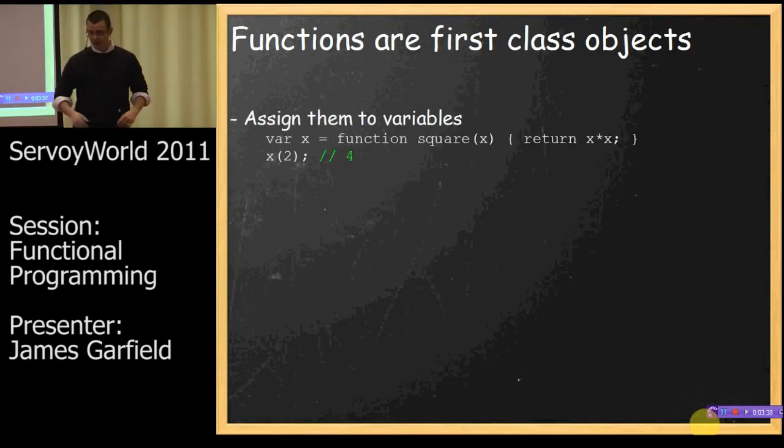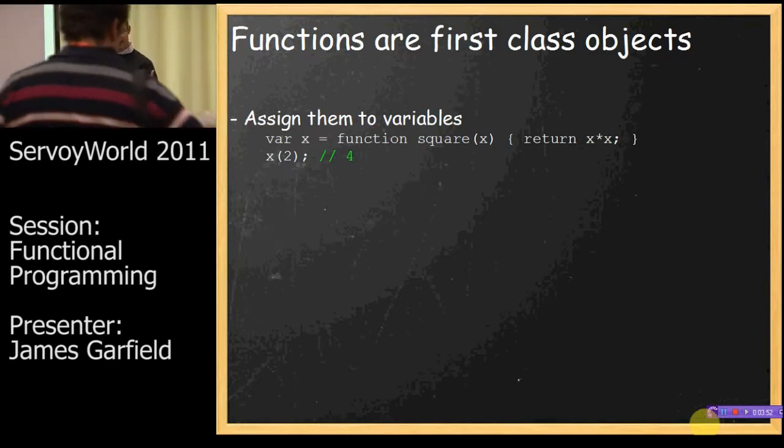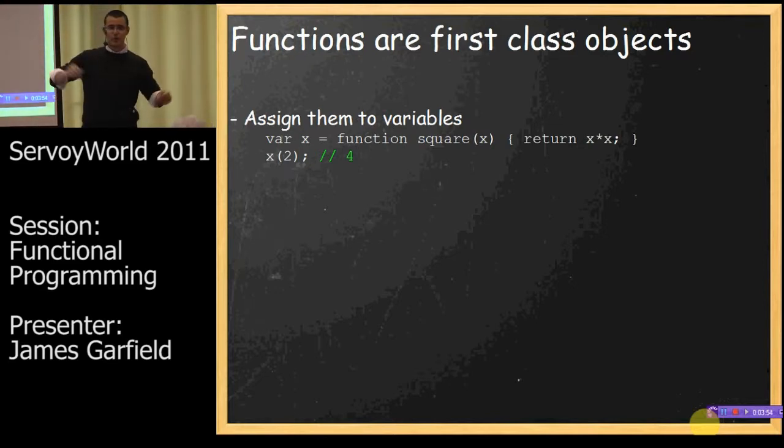So you can assign a function to a variable. Here I define a function called square that takes in an x and returns the square of x, and I assign that to x. And then you can see below I can call that function as x with 2, and I would get 4 back. I could also do square, and you can do it either way.